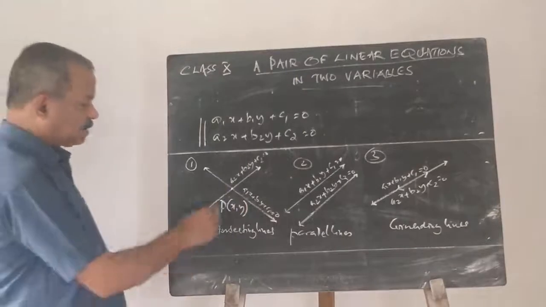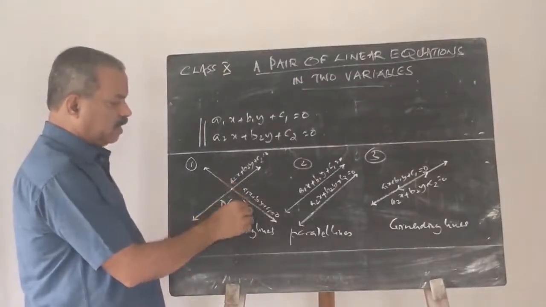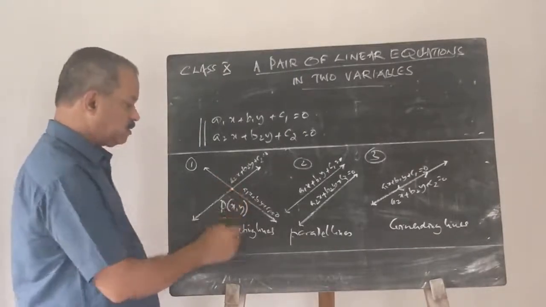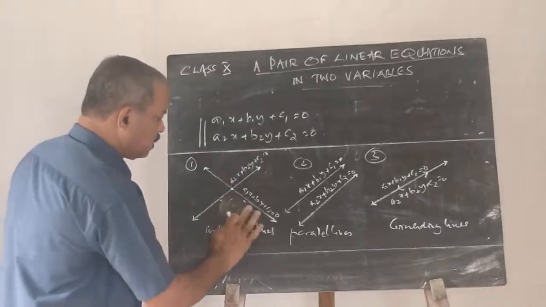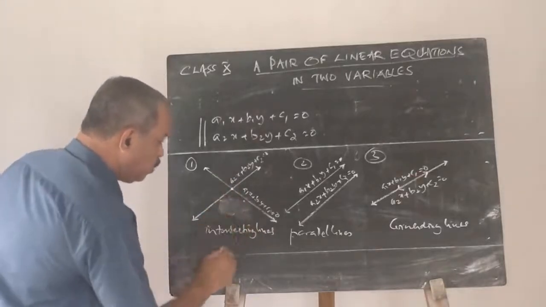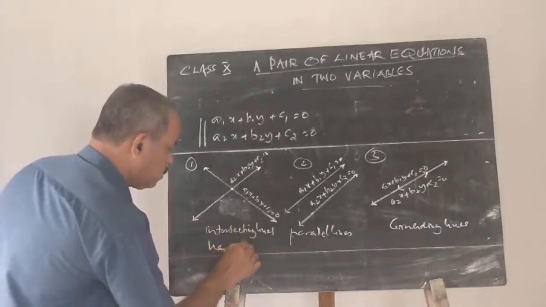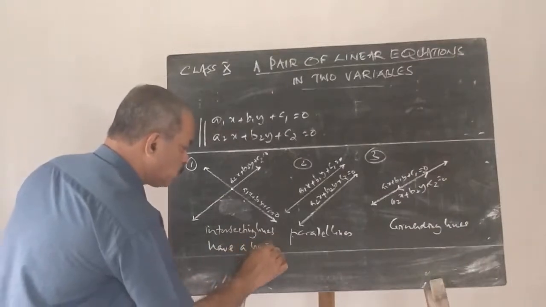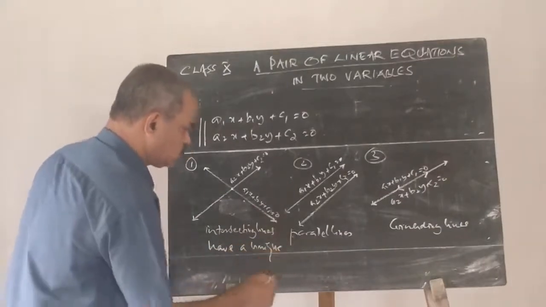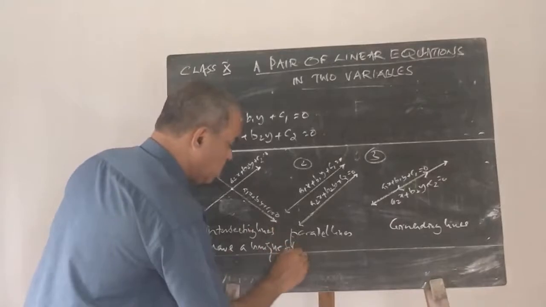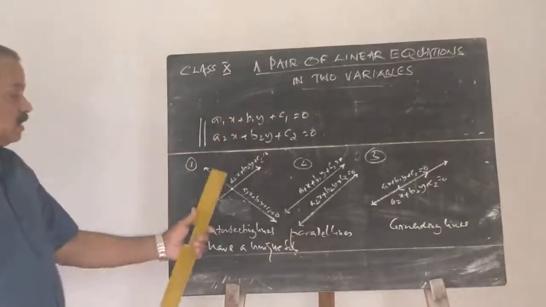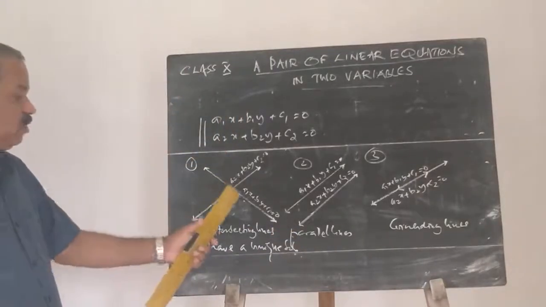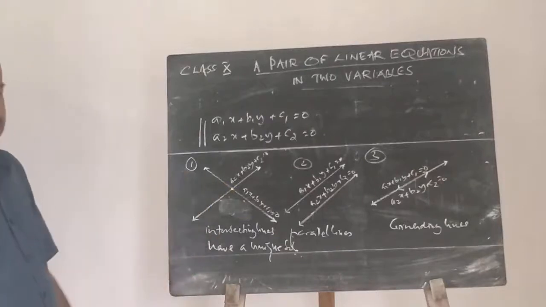That means x has a unique value, y has also a unique value. That means intersecting lines have a unique solution, one and only one solution.